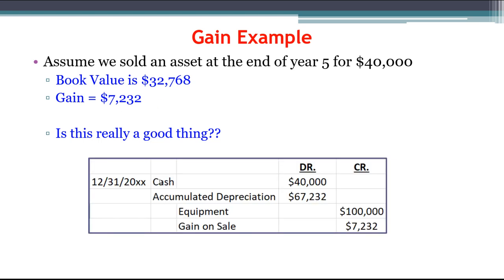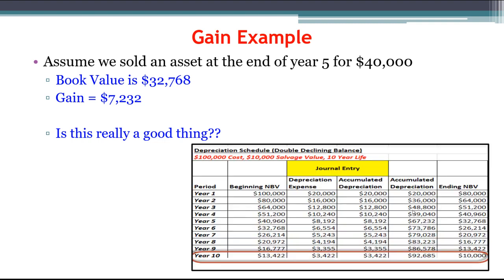So the journal entry in this case is going to be to debit cash for whatever you received, $40,000 in this case, and then you have to get both the accumulated depreciation and the equipment off of the books. Accumulated depreciation had a credit balance, so we need to debit it for $67,232.